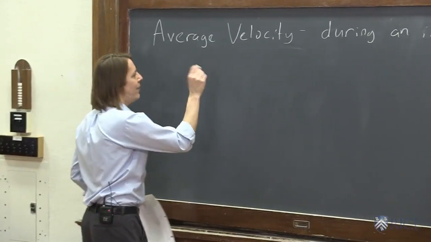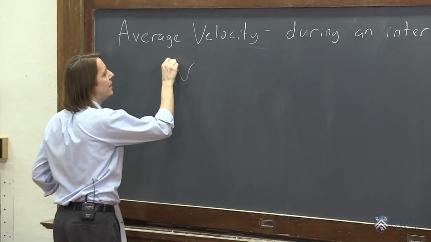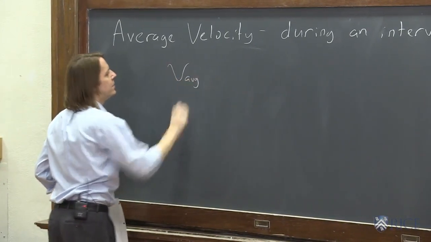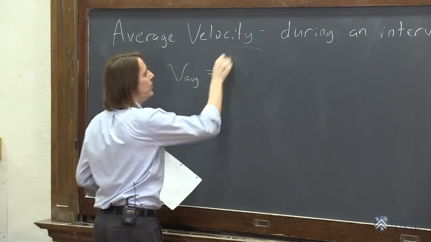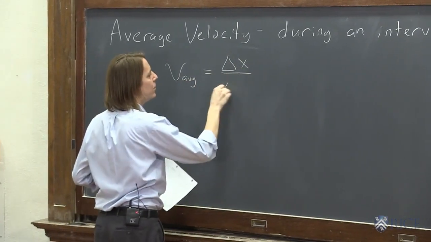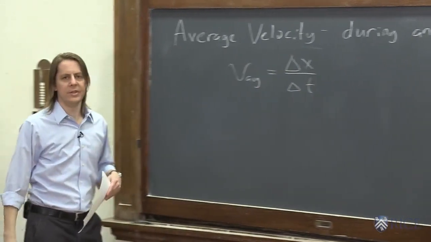So what we're going to do, average velocity, we have our cursive v. We put average as a subscript when we mean the average velocity, and it's equal to the displacement delta x over that time interval delta t.